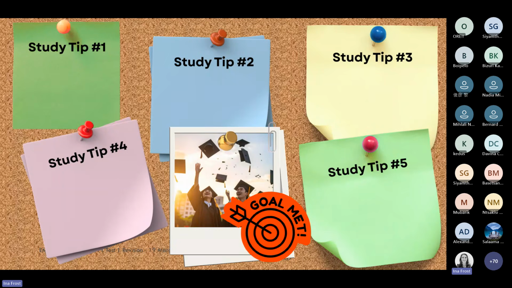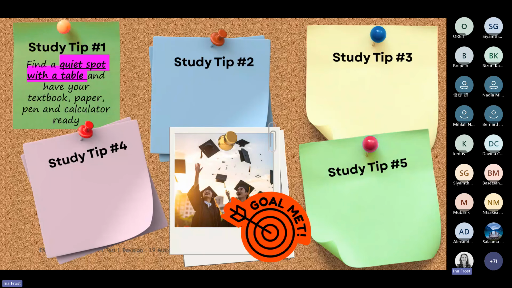Okay, let's recap now on our study and our exam tips. So, how are you now going to be preparing yourself for the upcoming test? First up, you're going to find a quiet spot with a desk where you can actually sit and physically write out questions. For accounting questions, it is important that in your preparation time, you need to physically be writing out the answer.